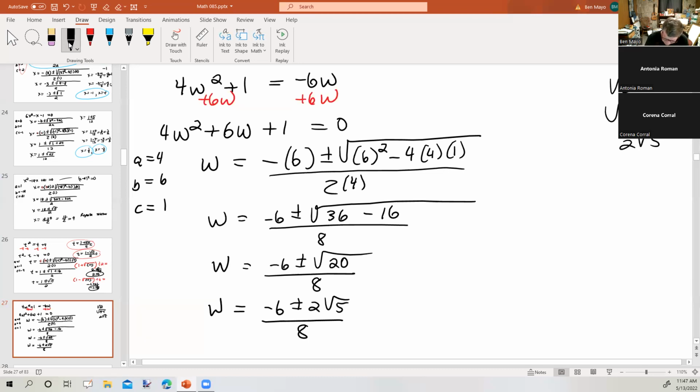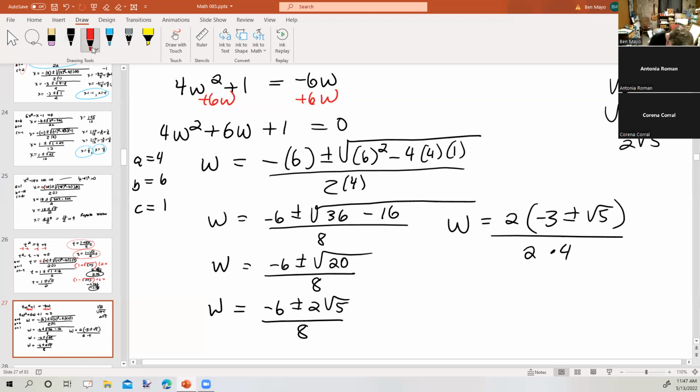Notice that the negative 6, the 2, and the 8 are all even, so I could reduce this down. They all share a common factor of a 2. So W equals 2 times negative 3 plus or minus the square root of 5 over 2 times 4.